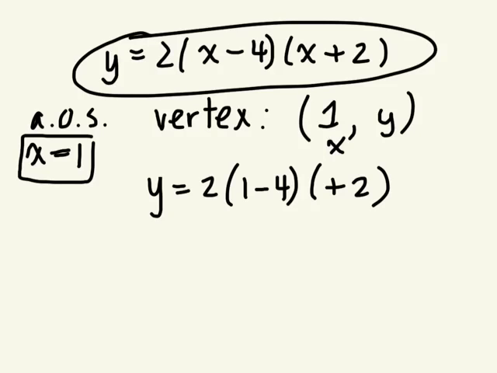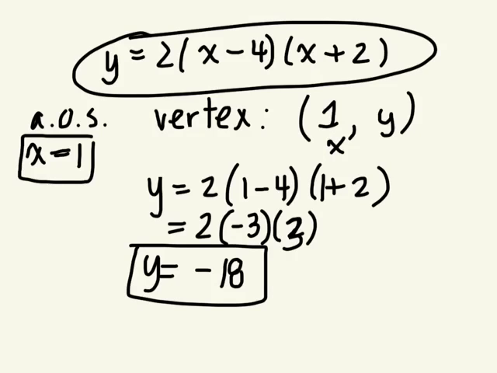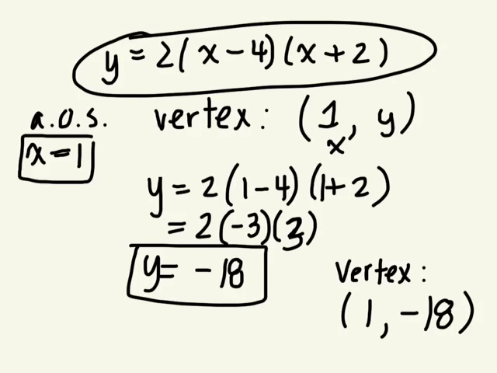Just solve this. 1 take away 4 is -3. Sorry, I forgot to put 1 plus 2, so that should be 3. So what's the answer? -18. Good. When x is 1, y is -18, which means the vertex is located at 1 and -18.